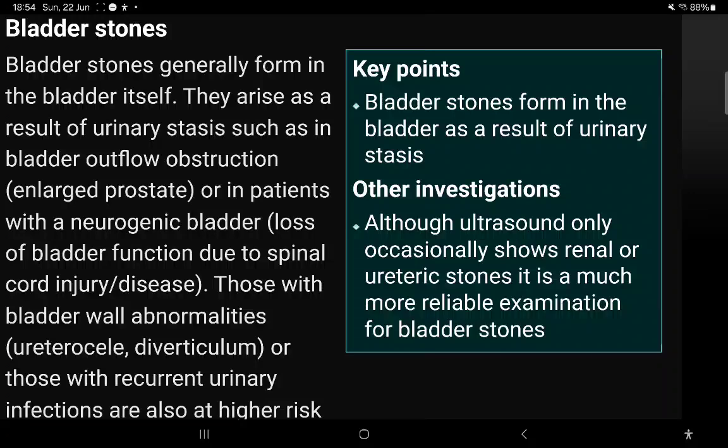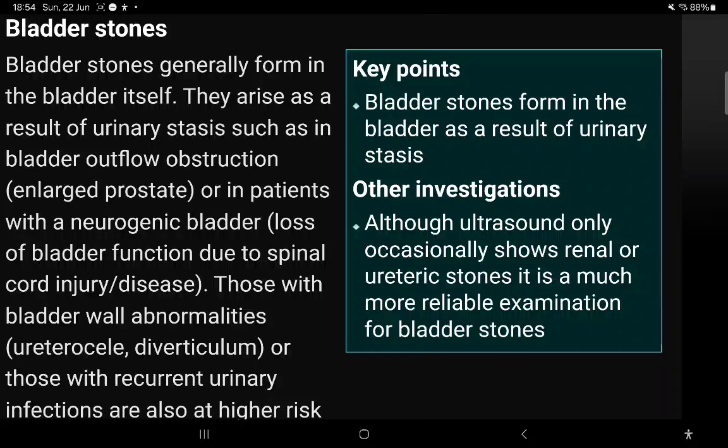prostate, like in benign prostatic hyperplasia, or in patients with a neurogenic bladder, loss of bladder function due to spinal cord injury or disease, which lead to cutting the nerve supply of the bladder, leading to neurogenic bladder.